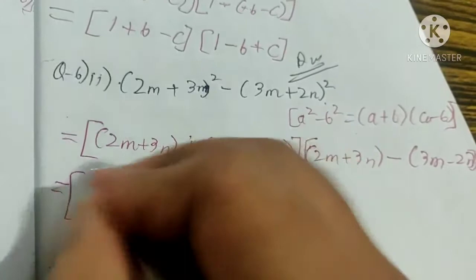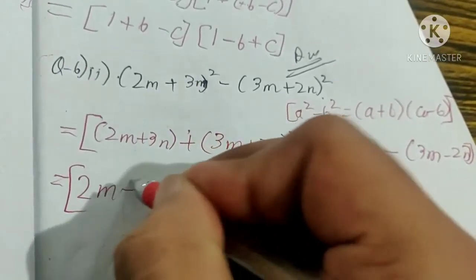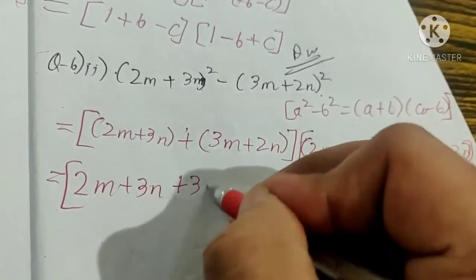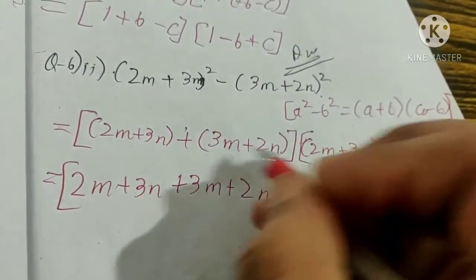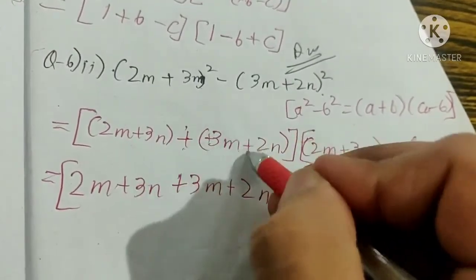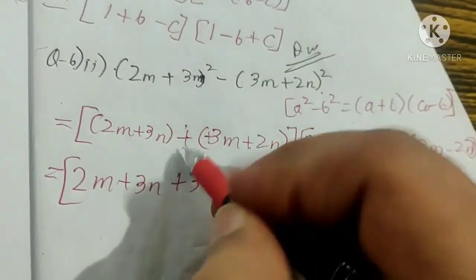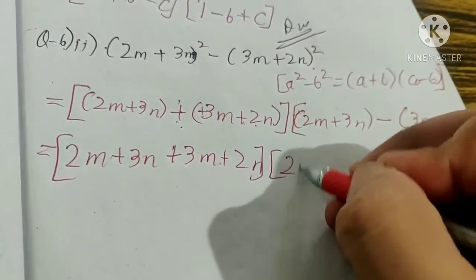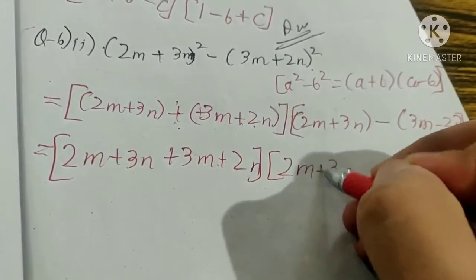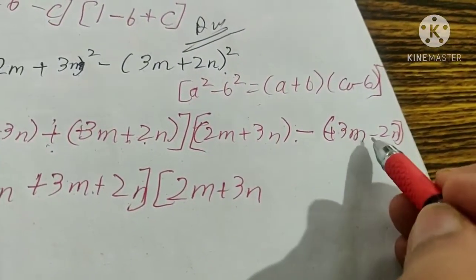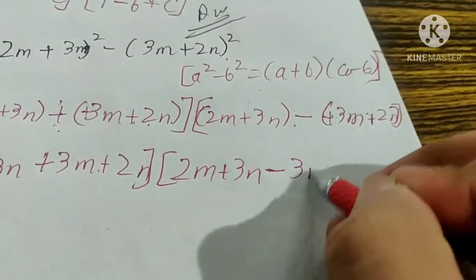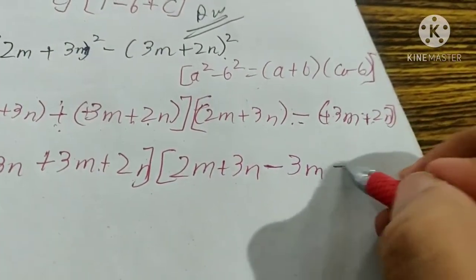So opening up the bracket inside, 2m plus 3n plus 3m plus 2n. Plus plus is plus, and plus plus again is plus, meaning the sign outside goes with both the signs inside. Then here 2m plus 3n, then minus plus is minus 3m, again minus plus is minus 2n.